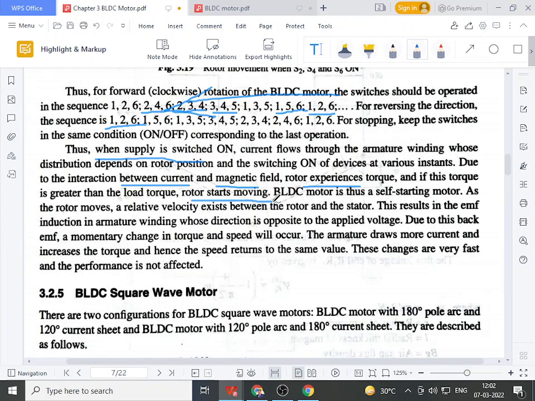That means we provide excitation to the field winding. Once we excite it, magnetic locking takes place between the stator pole and the rotor, and then the rotor rotates continuously at synchronous speed.